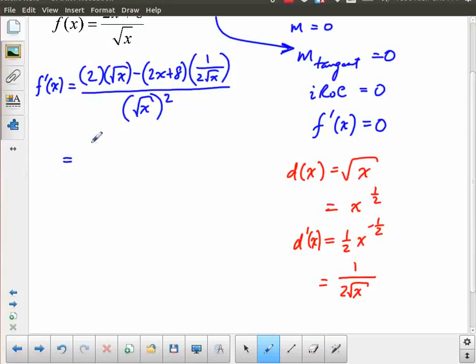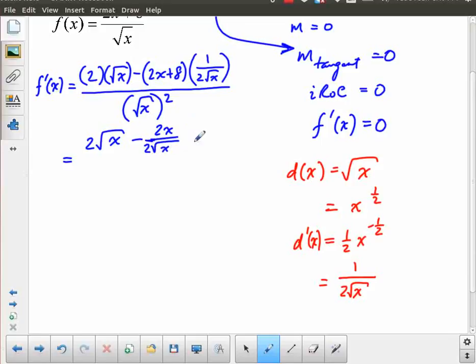I just end up with 2 root x here. And now I guess I have to expand this out, which is going to be negative 2x times this. So that's going to be minus 2x over 2 root x.